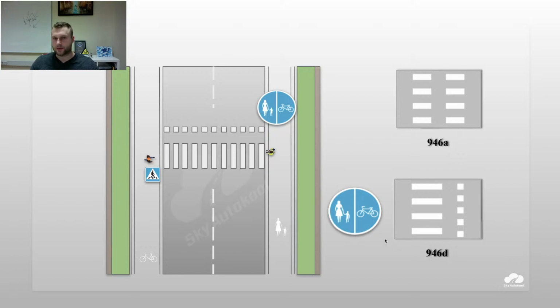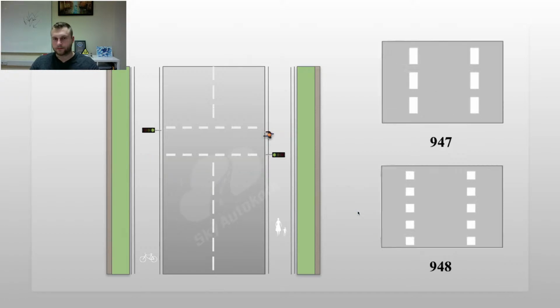And you can see also this sign ahead. This one also indicates the pedestrian crossing, like this. It's very hard to understand the difference between them, to remember the difference.